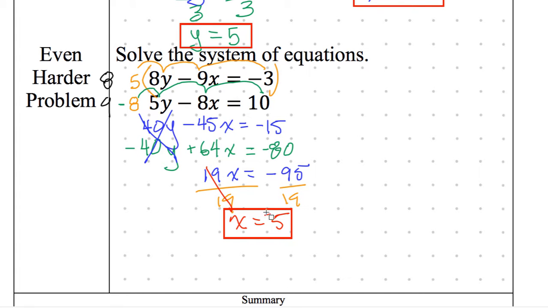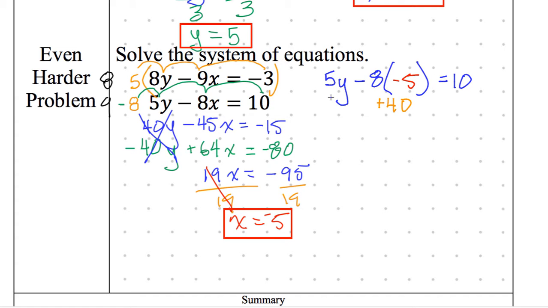And just like before, I can plug that into either of these equations. I'm just going to randomly choose, again, the second equation. I'm going to read the second equation, but in place of this x, I'm going to put a negative 5. This is all review now from the previous notes. 5y minus 8, oh, there's my x. My x should be negative 5, is equal to 10. From there, I'm going to simplify. Negative 8 times 5, that's a negative 40, or sorry, positive 40, because a negative times a negative.